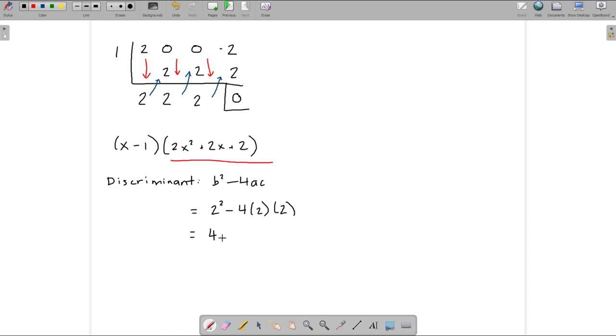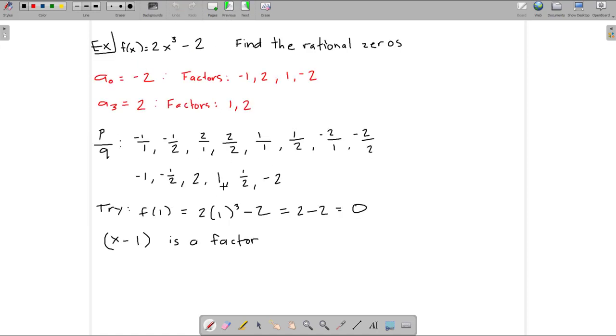So 4 minus 4 times 2 times 2, which is 16. So that's negative 12, which is less than 0, which means no real solutions to that quadratic. So this is actually the factored form of my f of x, and I found all of the rational zeros just by testing this 1 here.